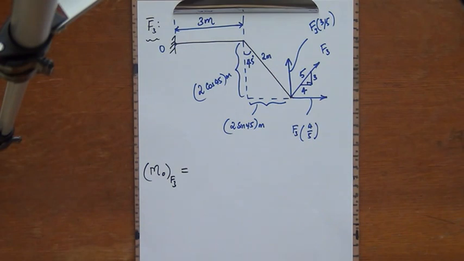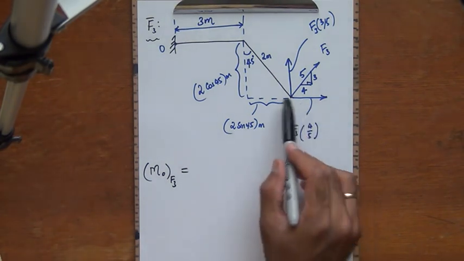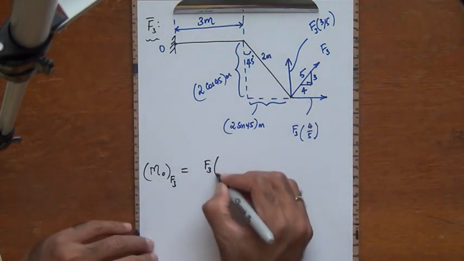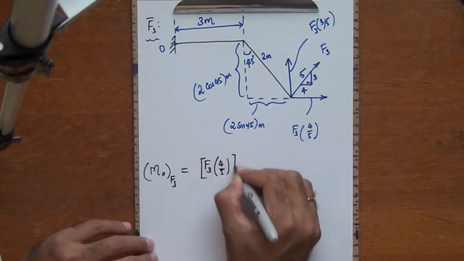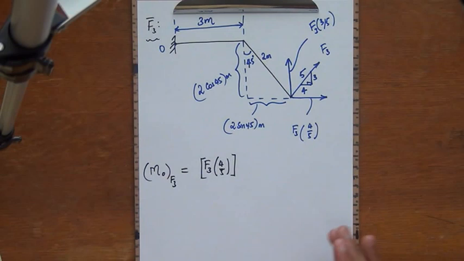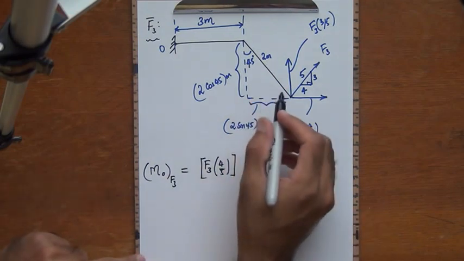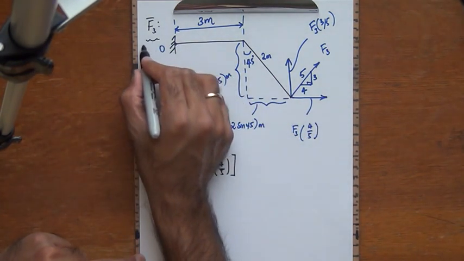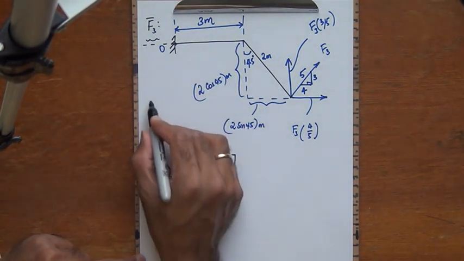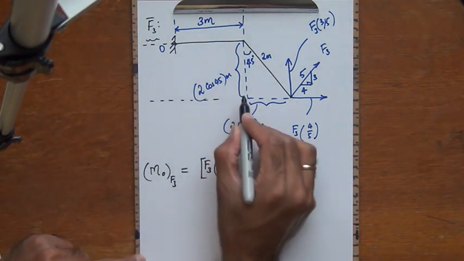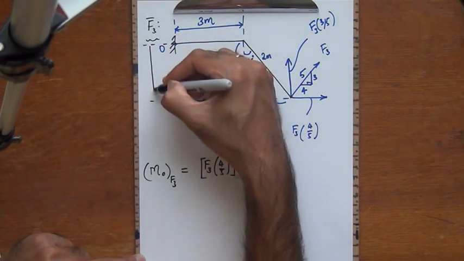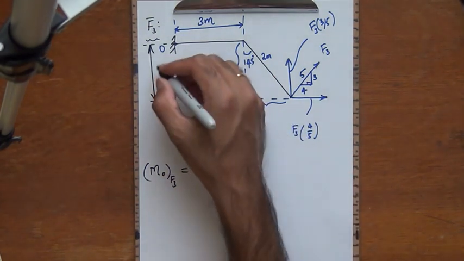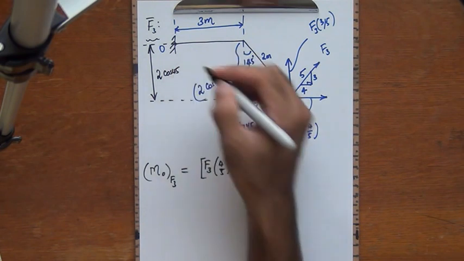I start off by looking at the horizontal component of the force. It's F3 times 4/5, so the magnitude is going to be F3 times 4/5. And then the perpendicular moment arm for this force, watch this, I'm going to extend a line parallel to the line of action of the force from here, passing through the point O. I'm going to extend the line of action of this force here as well, and you see that this entire distance is going to be the moment arm for F3 times 4 by 5, which was 2 times cosine 45 as we already had it.